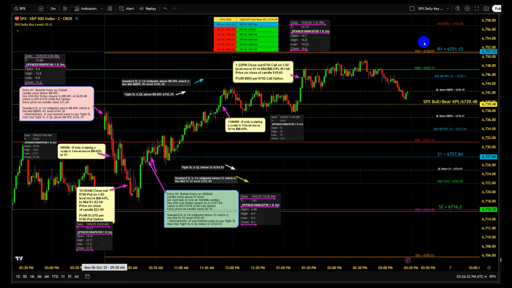It's not as close as this level here or this level here, but the PMH is an important level, so you could have also gotten out on this level. But if you're going to get out at a 1.5 level move, then you would just stick with the rule of getting out here, because that was your 1.5 level move.